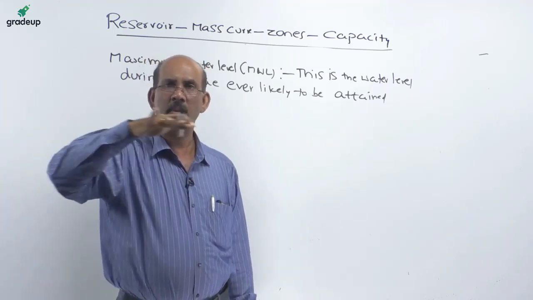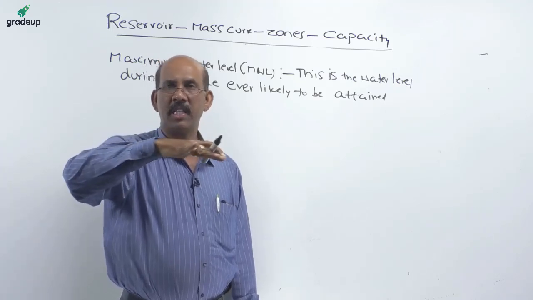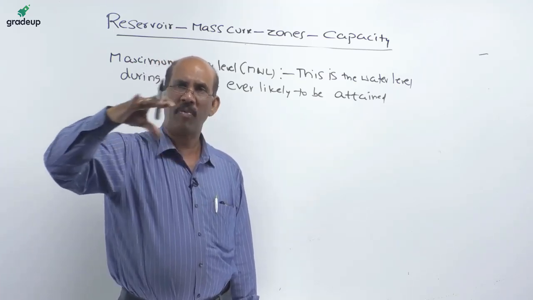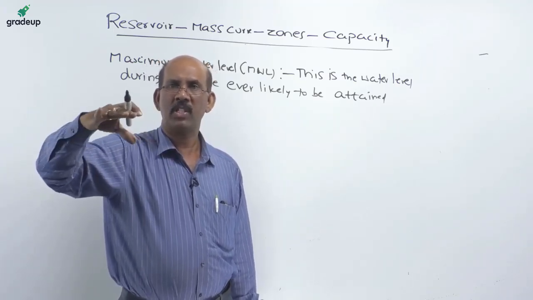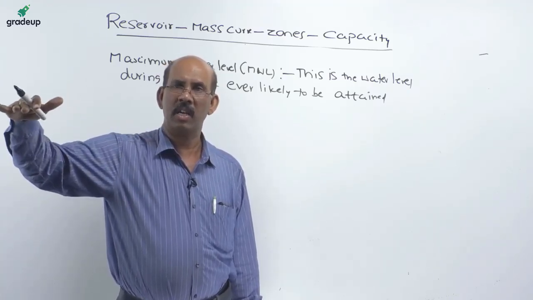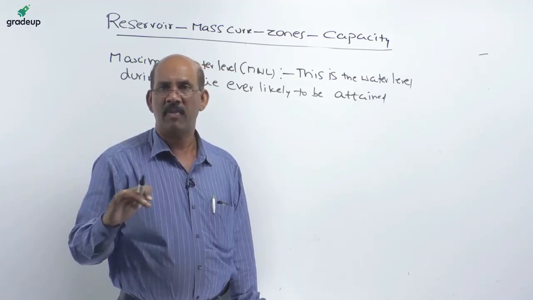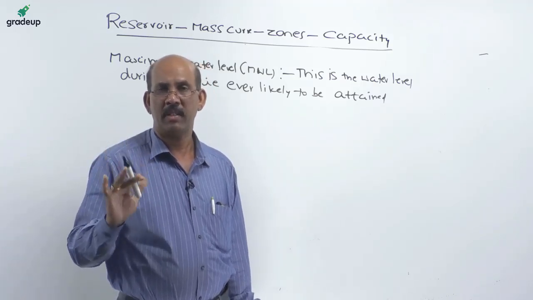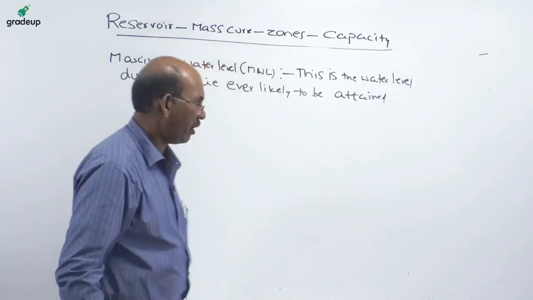So it is the maximum water level, or nothing but the highest flood level, HFL, which the water will never cross even during the flood, if a flood occurs likely to be attained. That is called the maximum water level.